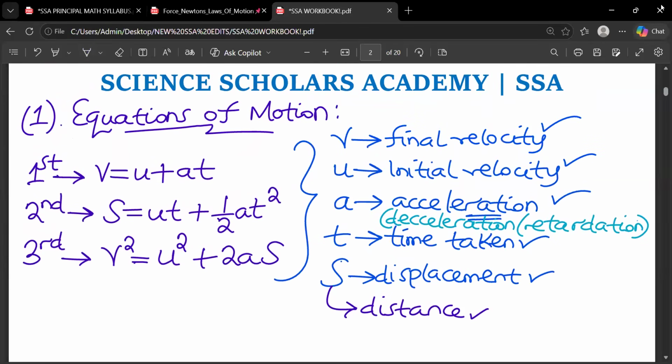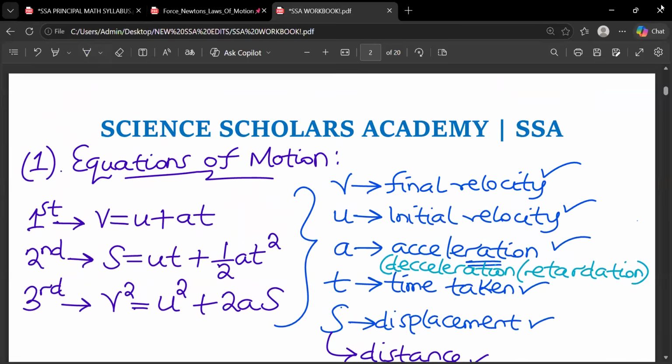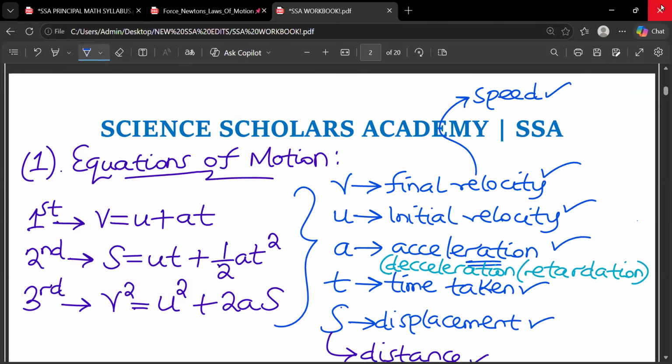So it's not even necessarily velocity, but it can be speed. The question may say speed, so you're supposed to know that speed is the magnitude of velocity. So when they use speed, you know where to put it. When they use deceleration or retardation, you know that those two are actually the negative acceleration.